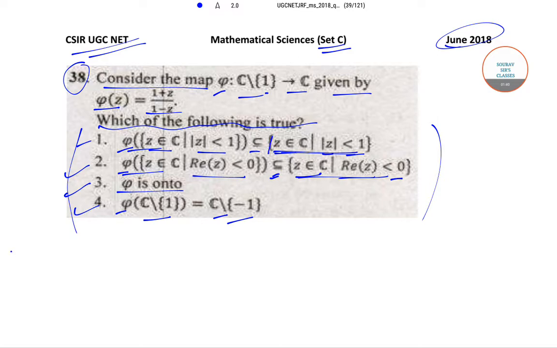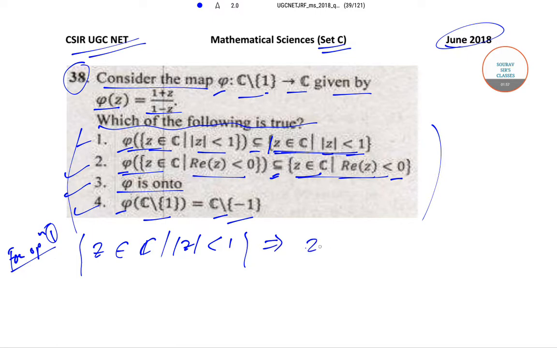So for option 1, we've been given that z belongs to C such that mod of z is less than 1. That implies that we can take z equal to 0, say. So now let us find out phi of 0.